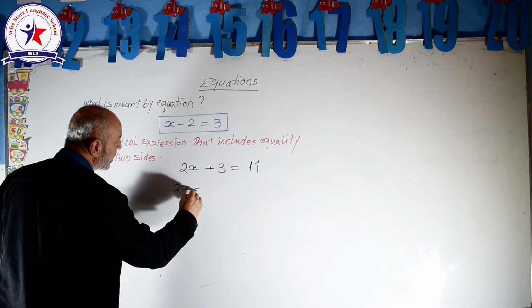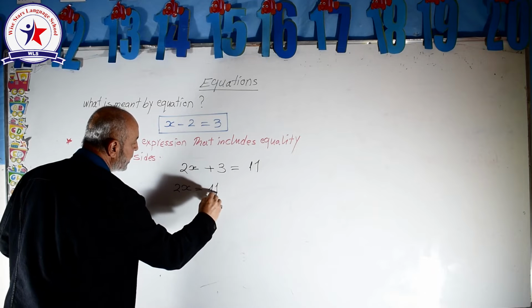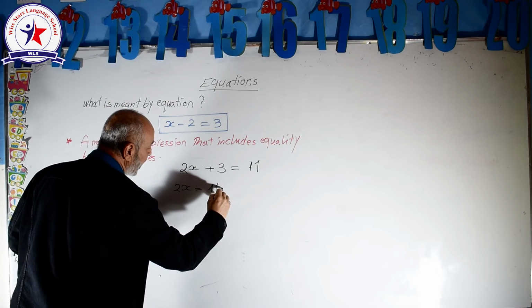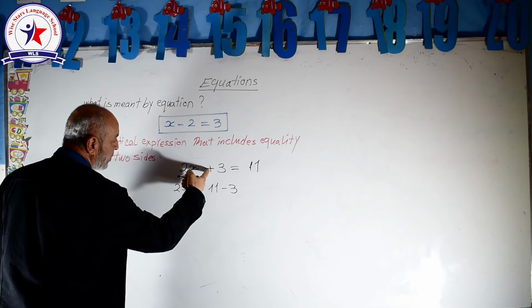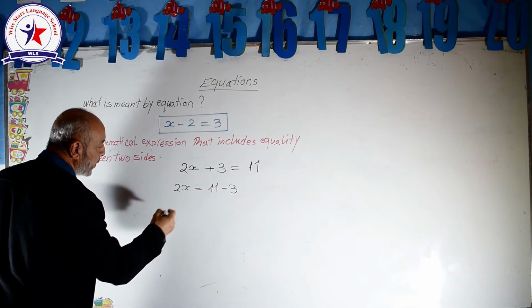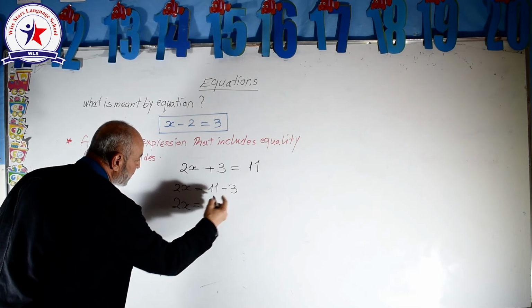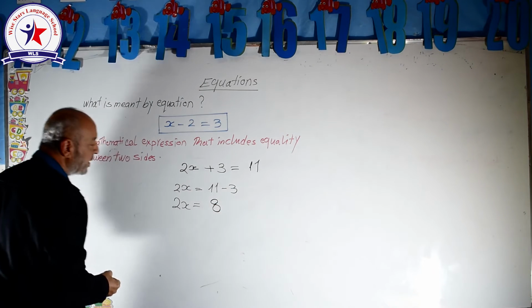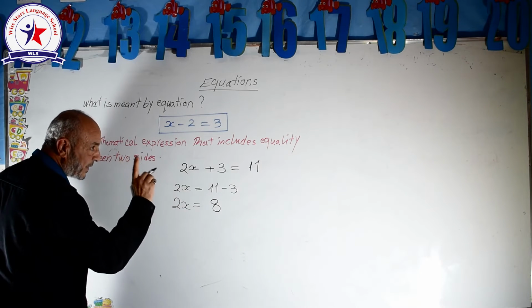Let us have the first one. 2x equals... move 3 to the other side, it will be 11. 11 plus or minus 3? Yes, it's -3 because we have +3 here. So 2x equals 11 minus 3, which is 8. Now you have 2x. We need only the value of x.